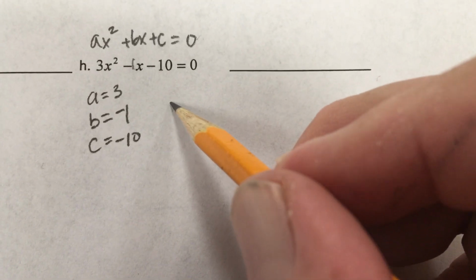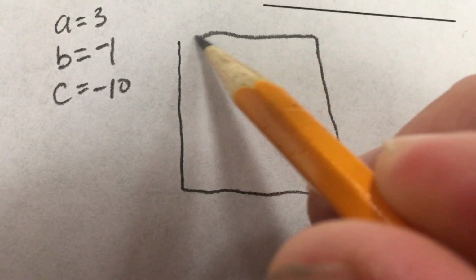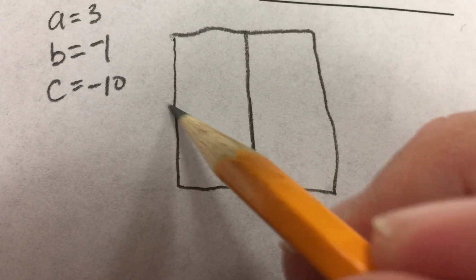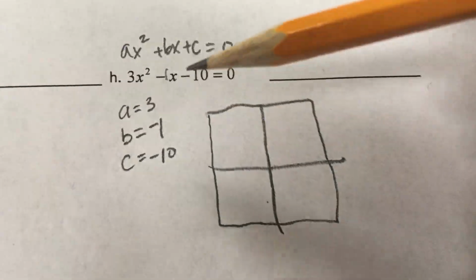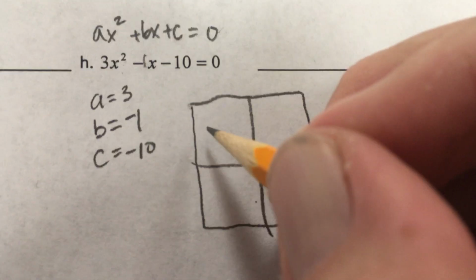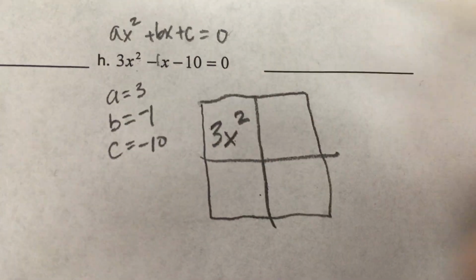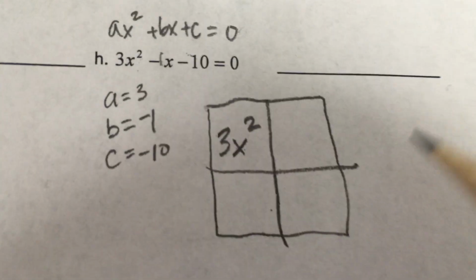After that, we draw out our box. We'll put the first term in the first box. We put the last term, -10, in the last box.